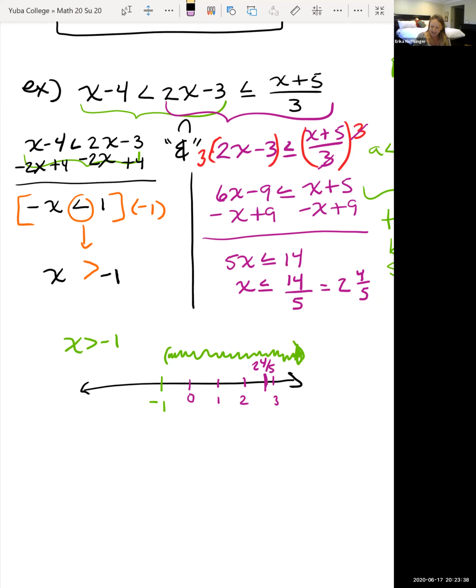And it's everything that is less than or equal to 2 4/5. So it's everything that is shaded to the left of that 2 4/5.